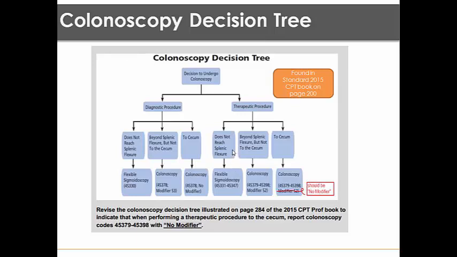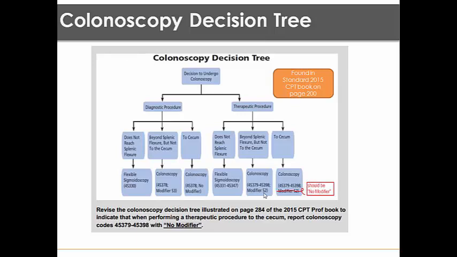Depending on if they did not reach the splenic flexure, they're going to be in this code range. If they did reach the splenic flexure but not the cecum, they're going to be in this code range, the 45379 to 45398, depending if they did a polypectomy, if they just did a biopsy, what kind of biopsy they did, and they would add a modifier 52.